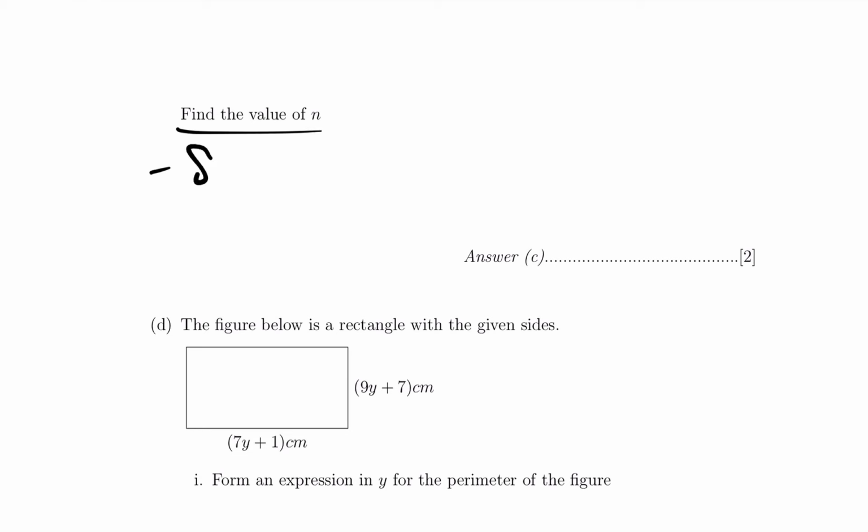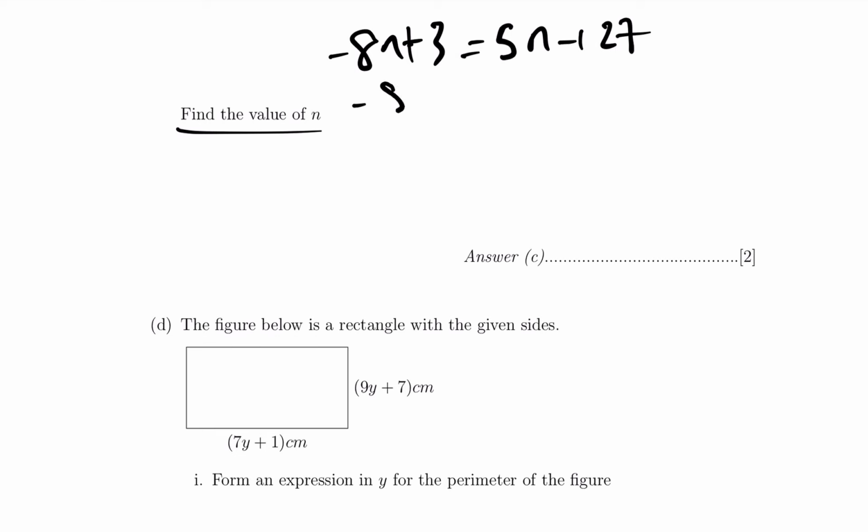So now we will have -8n plus 3 is equal to 5n minus 127.